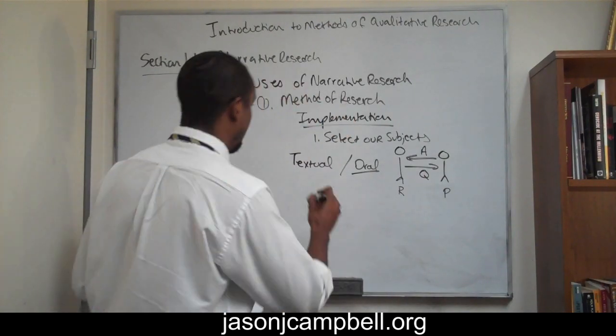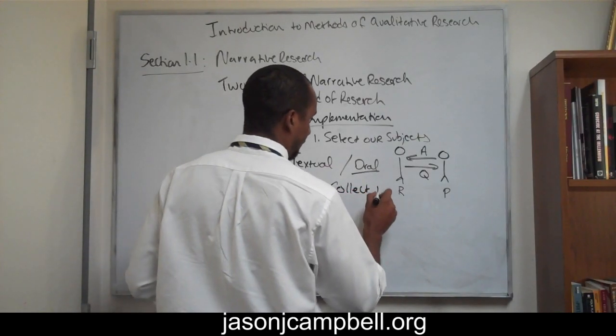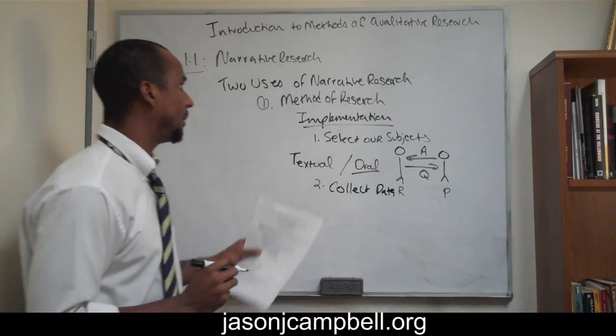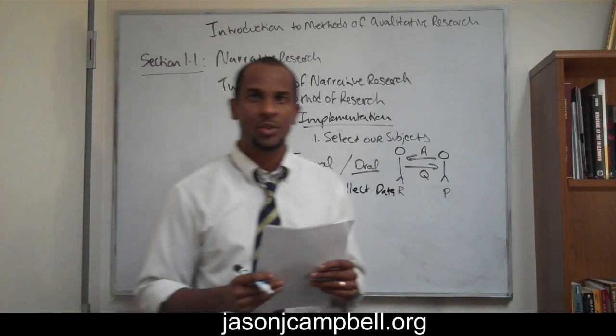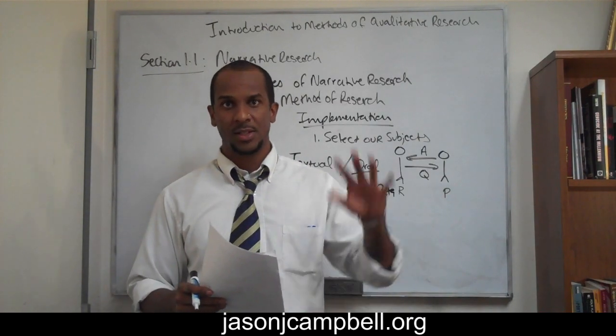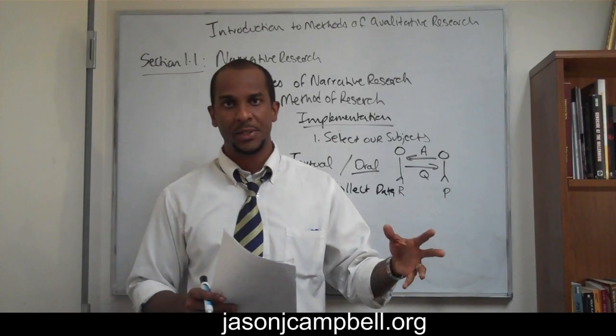The next is we want to make sure that we collect our data. Data collection in narrative research and qualitative research takes many forms. I'll do a more in-depth analysis later in the series on various forms of data collection and data interpretation.